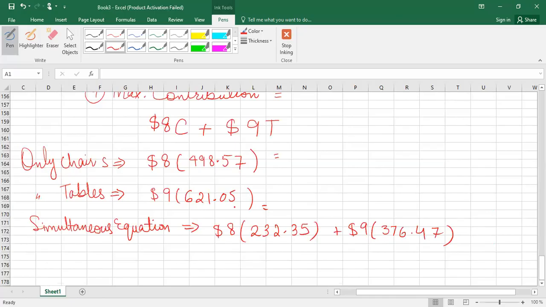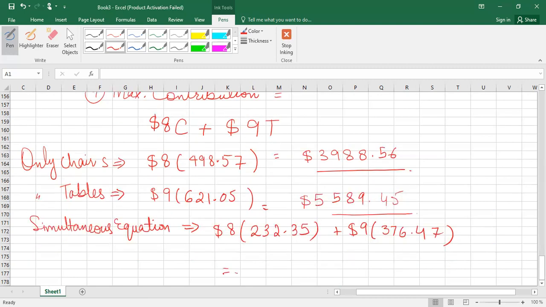Now 8 into 498.57 is 3988.56, the maximum contribution if we produce only chairs. If we produce only tables, the maximum is 5589.45.